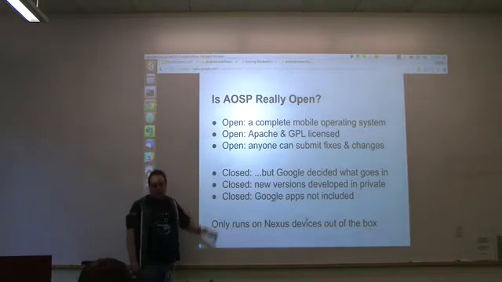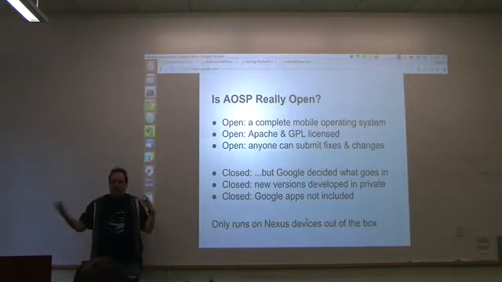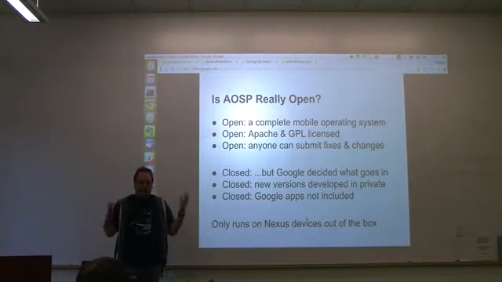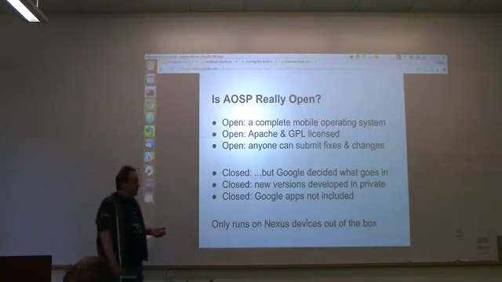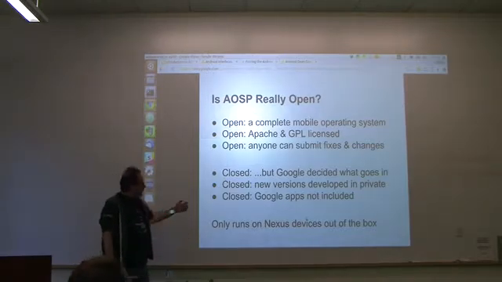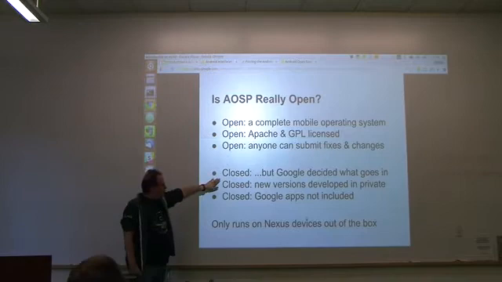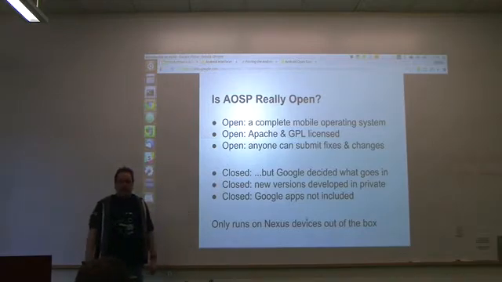In the traditional open source project, there's also at least somewhat open management structure that goes along with it. The decision making is done out in the open. But in the case of Android, Google decides what goes in.